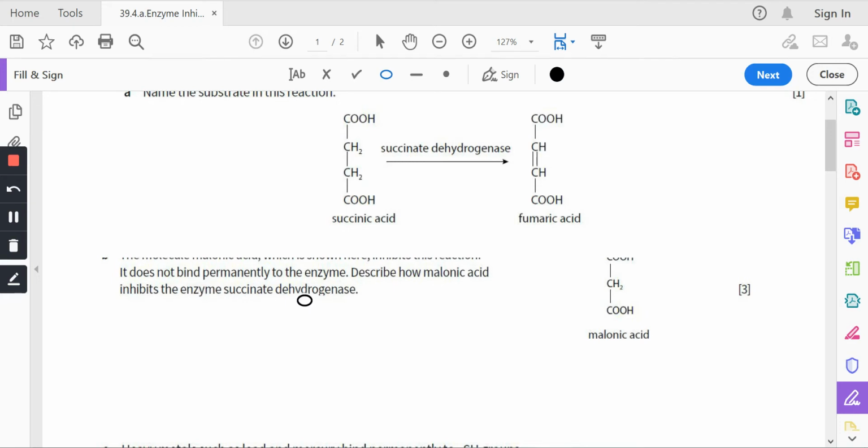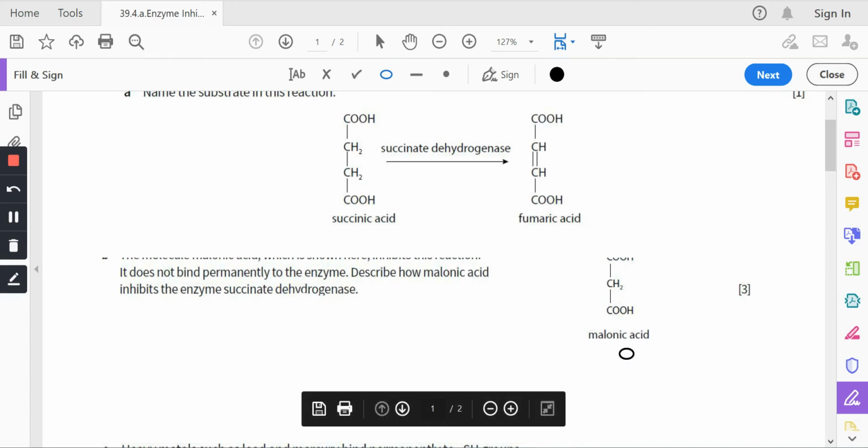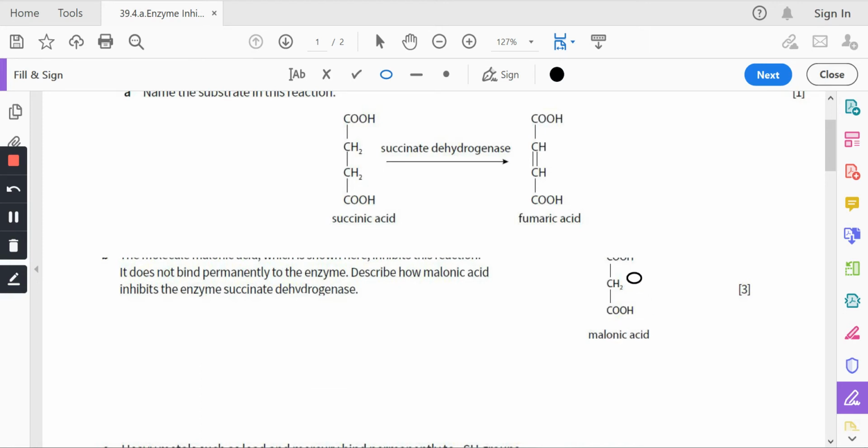So now how am I going to approach this question? Basically it's telling me that this malonic acid is an inhibitor. Now if I have already studied about enzyme inhibition, I know that there are two types of inhibition, that is competitive and non-competitive. In competitive inhibition, I know that the inhibitor has a structure similar to the substrate, and we have already established the fact that this succinic acid is the substrate.